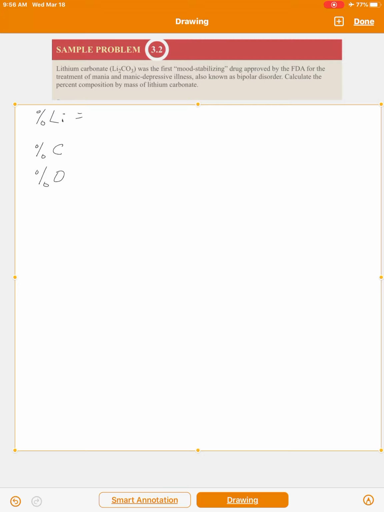In this case, lithium carbonate is an ionic compound because it has a metal, lithium, so that would be a formula mass. So how many lithiums are in the formula? You look at the formula, Li2. That tells us there's 2 lithiums. So you write 2, and then you look up the atomic mass of lithium, 6.94 AMU.